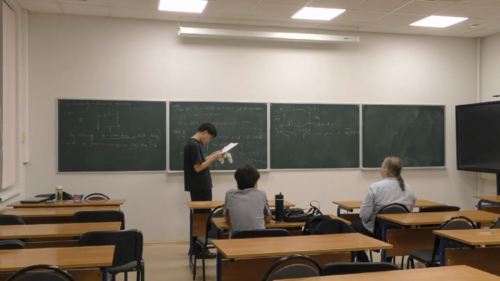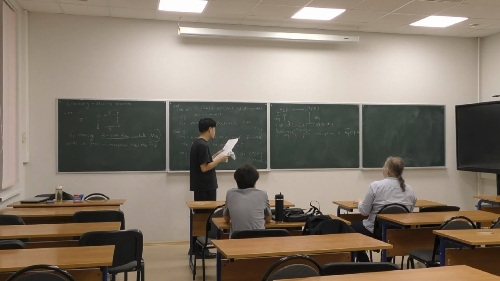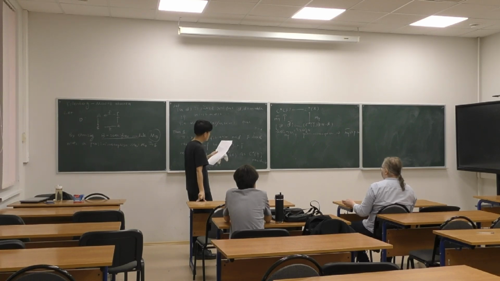The question is why do we get C upper star of F if we take C upper star of X and tensor it with k over C upper star of Y? Why exactly C star F?